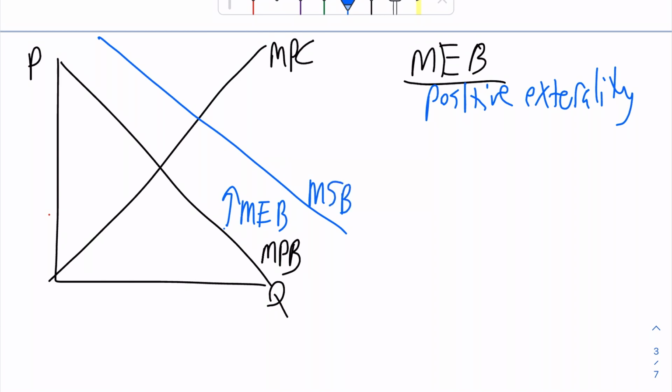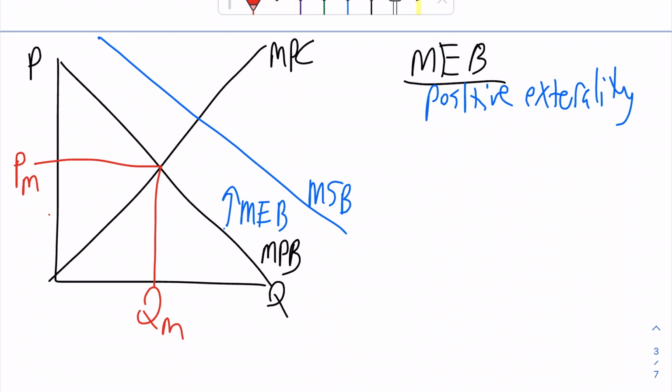Okay? So what we mean by the marginal social benefit is that this is the market, okay? And so your market is currently doing this price and this quantity. And then your society, because you're doing this garden or doing, let's say, vaccines, your society is benefiting more than the market is.